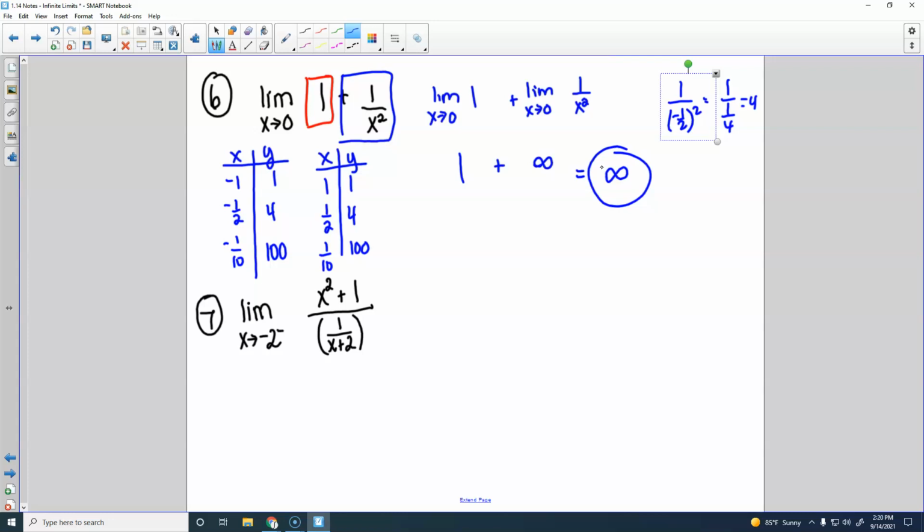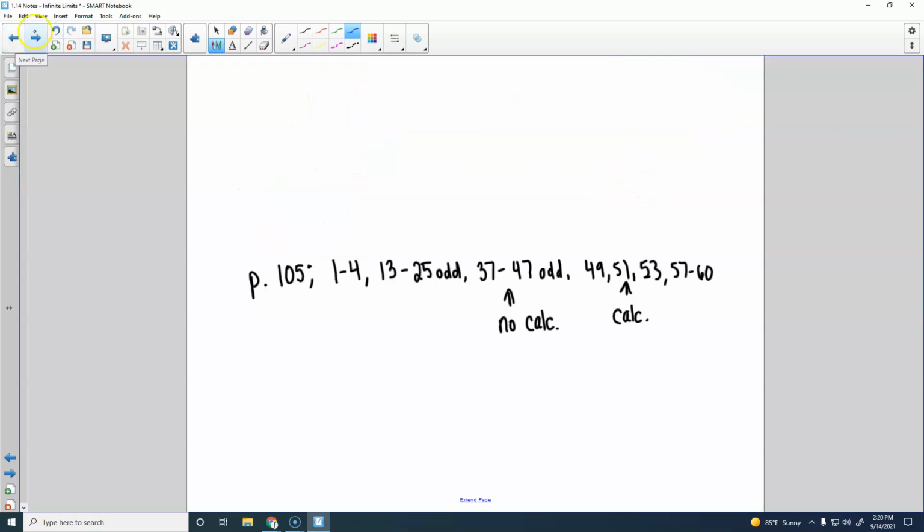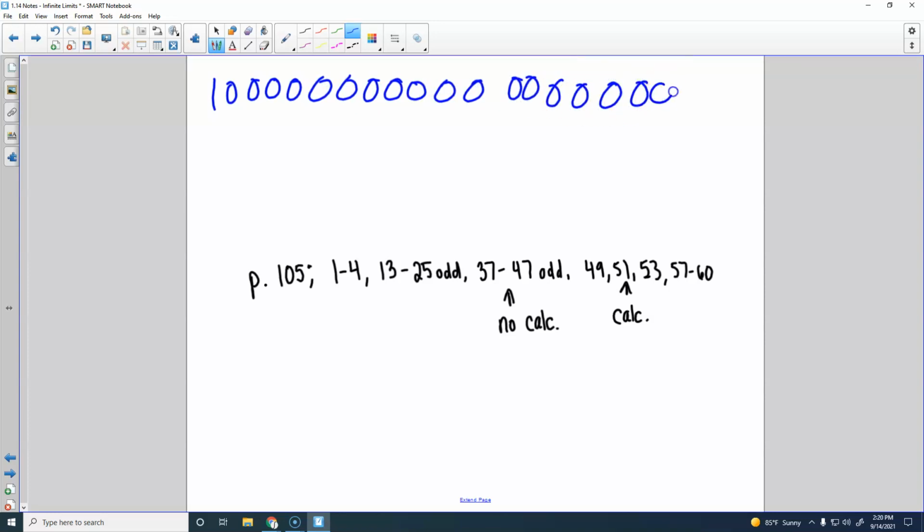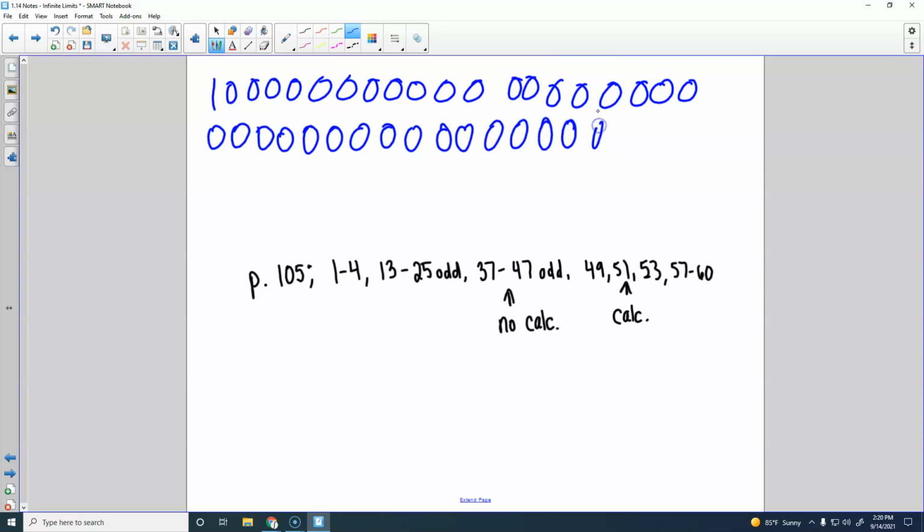So infinity's just going on forever, right? If I want to write down infinity, I would just write zeros all day for the rest of my life. And if I never died, and I never ever quit putting zeros, and my life went on forever, eventually that would be infinity.